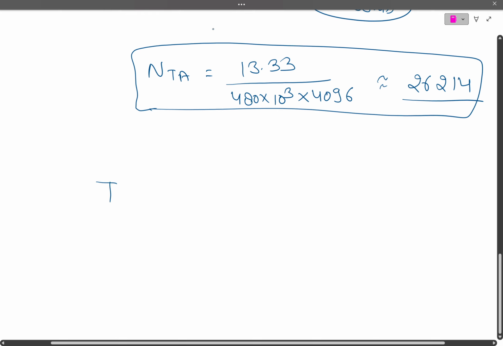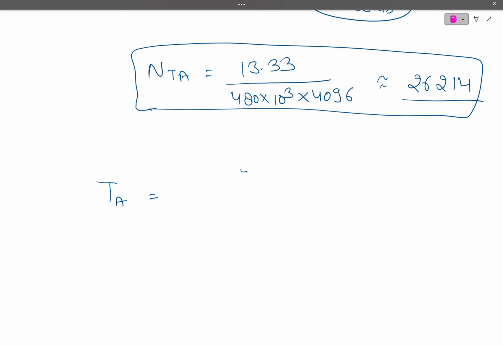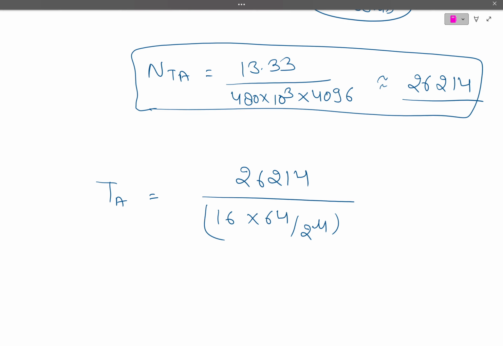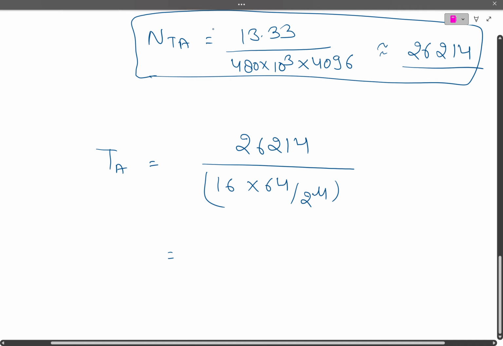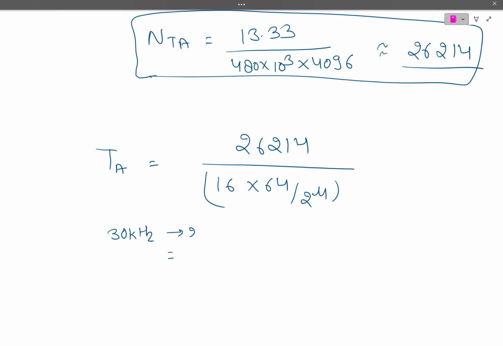Okay, now instead of sending this N_TA directly to the UE, gNodeB will quantize it and convert to TA, where TA will be N_TA, which is 26214, divided by 16 into 64 divided by 2 to the power mu.